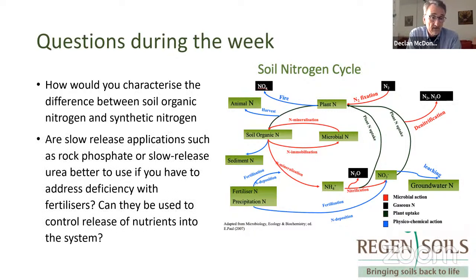And similar to this, are slow release applications such as rock phosphate or slow release urea better to use if you have to address deficiency with fertilizers? Well, firstly, if you have to address deficiency with fertilizers, apply fertilizers. I am certainly not against fertilizers, and I'm not against mineral fertilizers.